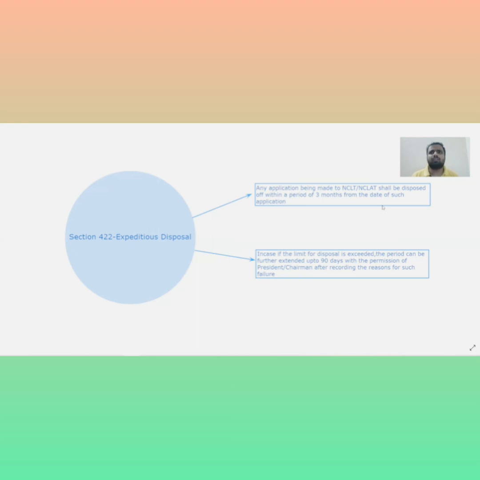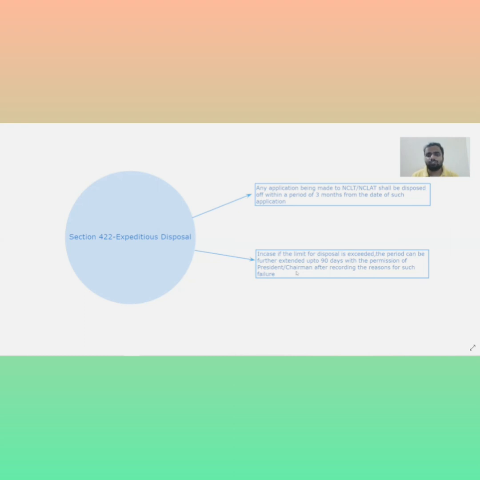However, in circumstances where they are not able to do it, they can still extend it for a fixed period of time, which shall not be greater than 90 days, with the permission of the president or the chairman. Here the words president and chairman are used, but whenever you read president, it is the president of the NCLT, and the chairman is the chairman of the NCLAT.